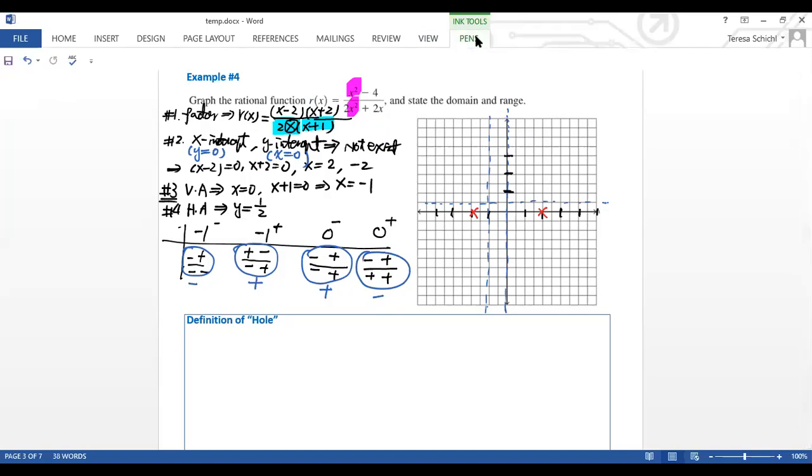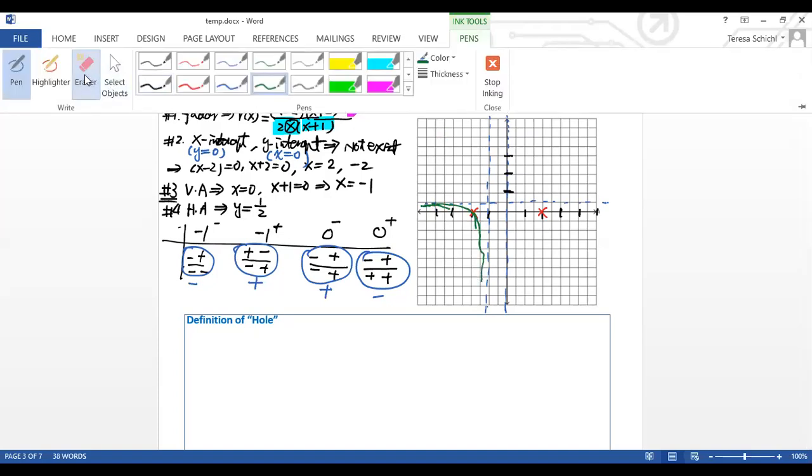Okay, so now let's try to graph here, right? We know we're going to be passing through this intersect, because this is my asymptote. So I know my first leg is going to go something like, oh, that's a terrible graph here.